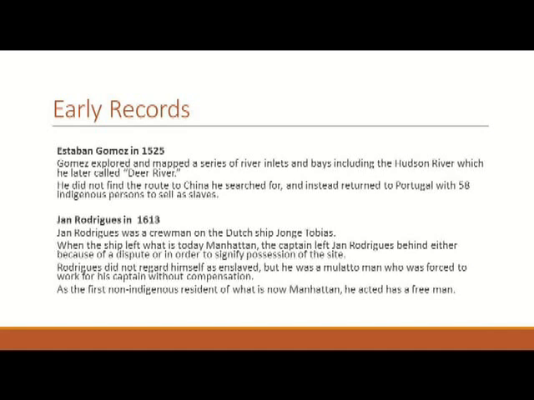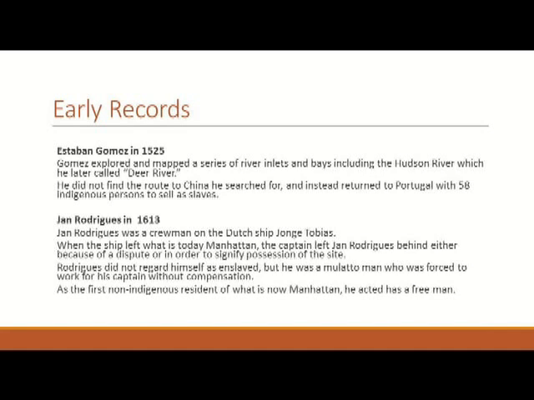sell as slaves. Now, these are people we would call Native Americans, except there were no Americans. They were the people he found, and he figured, well, here's something we can bring back. And so he brought them back, and the King of Portugal was horrified, and I guess this was his mitigation. He handed them out.